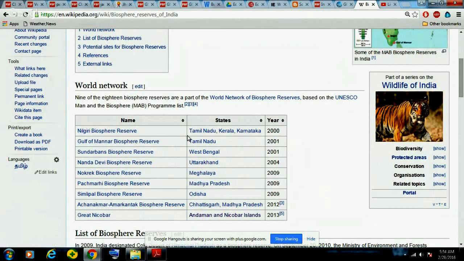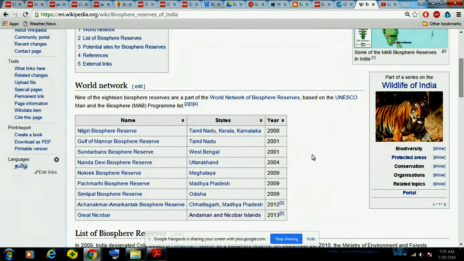So these 9 are the Nilgiri Biosphere Reserve, which is in Tamil Nadu, Kerala, and Karnataka, then Gulf of Mannar Biosphere Reserve in Tamil Nadu, then Sundarban Biosphere Reserve in West Bengal, Nanda Devi Biosphere Reserve in Uttarakhand, then Nokrek Biosphere Reserve in Meghalaya, Pachmarhi Biosphere Reserve in Madhya Pradesh, then Simlipal Biosphere Reserve in Odisha, Achanakmar-Amarkantak Biosphere Reserve in Chhattisgarh and Madhya Pradesh, and then Great Nicobar Biosphere Reserve in the Andaman and Nicobar Islands.